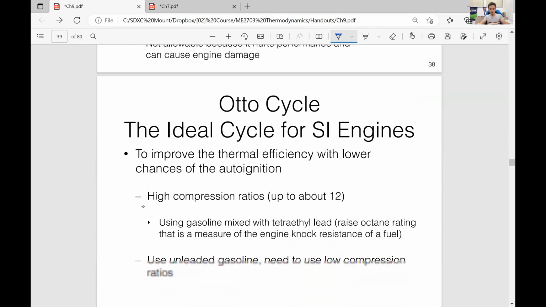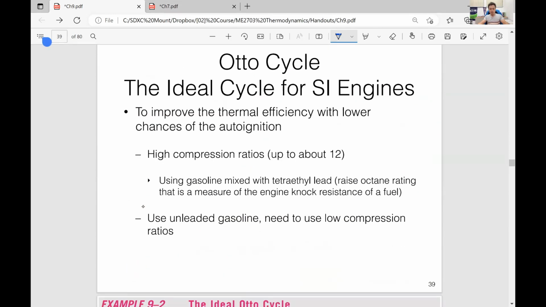To improve the thermal efficiency with lower chances of auto ignition, we could do this. First, of course, high compression ratios up to about 12. Then we can use gasoline with some lead, raising the octane rating. Octane rating is a measure of engine knock resistance of a fuel.